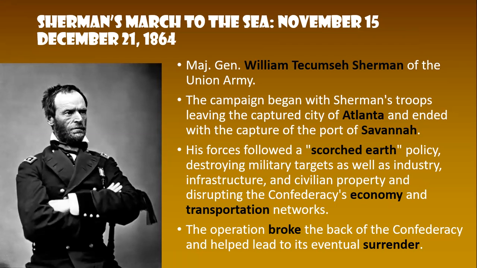They are destroying military targets, industry, they're destroying bridges, railroads, they're destroying farmland, they're destroying everything. It cripples the Confederacy and helps lead to the surrender because, you know, travel is crippled, food supplies have been crippled. You know, it's a big hit.